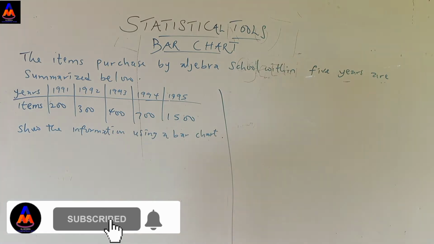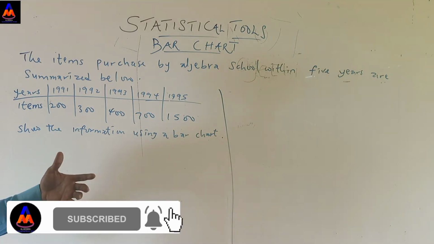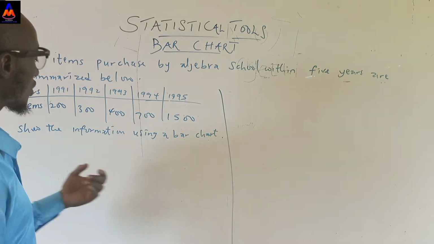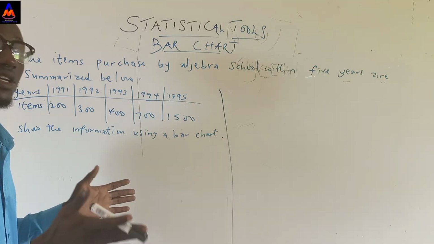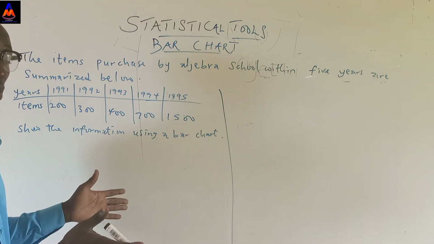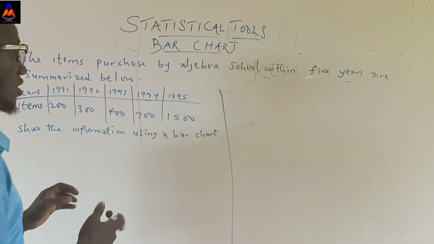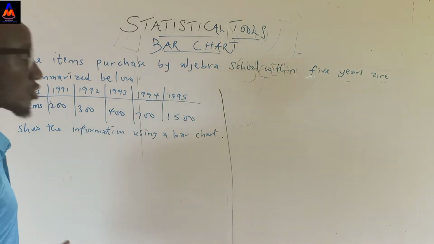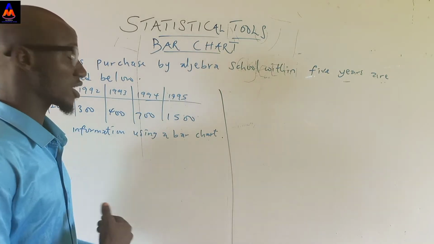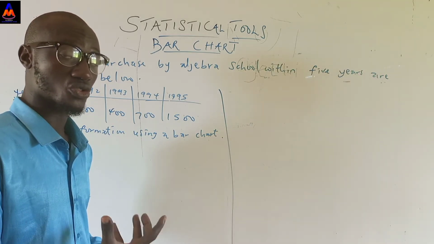I was explaining the other time that a bar chart is a rectangular-shaped diagram that has equal width between the bars. Most of the time when constructing your bar chart, you have to use a graph book.